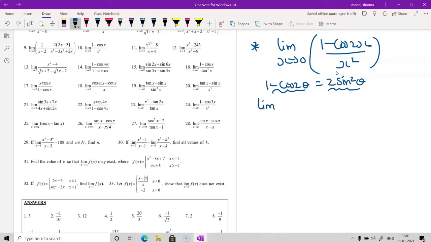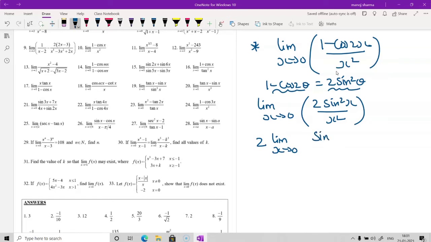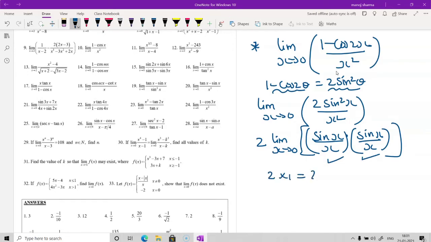Moving on to the above question, we have x tends to 0, it is 2 sine square x upon x square. Although there is no need to elaborate, sine square x can be written as sin x times sin x. You can use different limits, but even one limit will have the same impact. Now sin x upon x is 1, sin x upon x is 1. So this is all done.